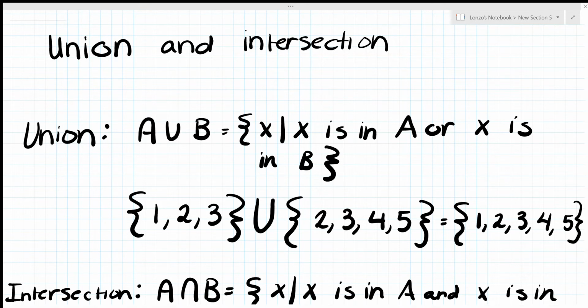It just means everything's included. That's what union really means. So over here you have 1 2 3, and notice how 2 repeats. We just have to write that once. So it's just going to be 1 2 3 4 5. That's a union.